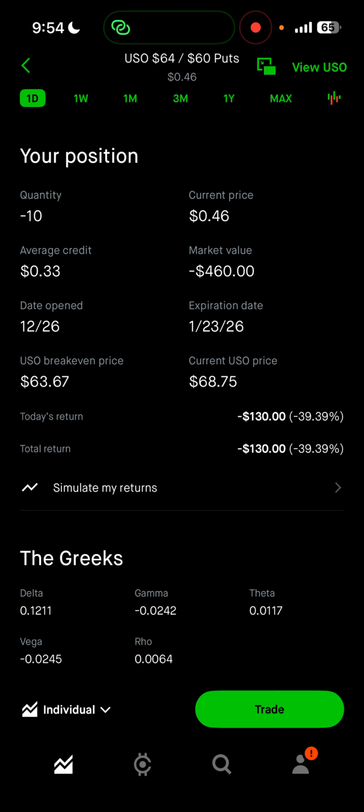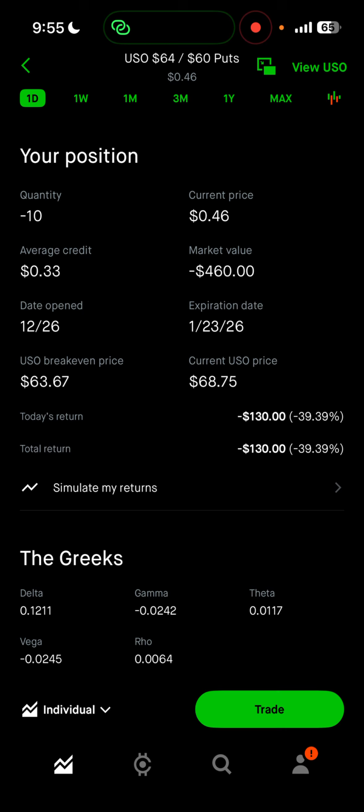You can see here the current price is 46 cents, so it's actually gone up, which is a bad thing for us. The total return so far has been a $130 loss. One of the things that's cool about Robinhood is they provide this simulate my returns segment so you can understand various options.